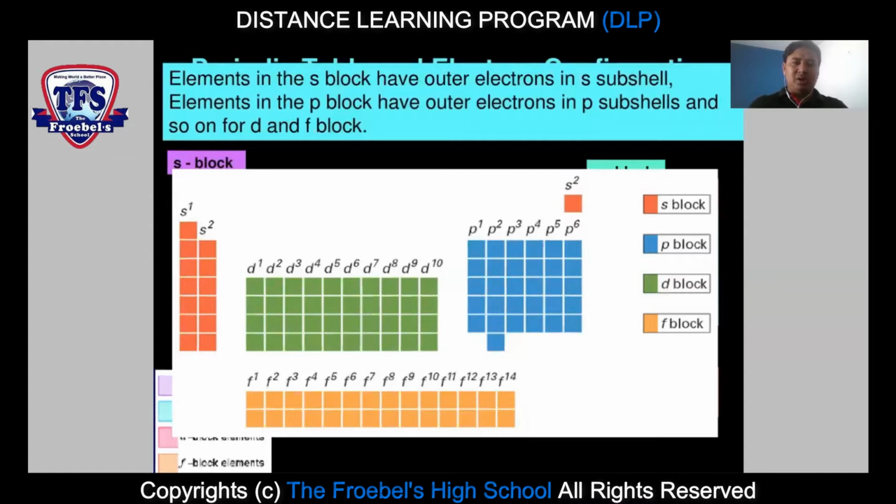So the periodic table is actually designed on the basis of the significance that every element specifies its block according to its last orbital filled.